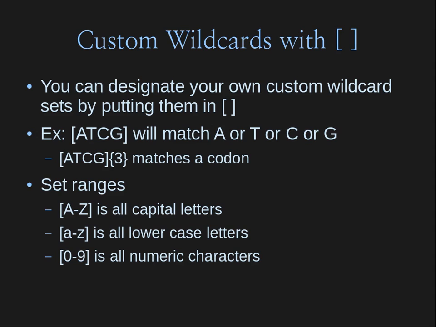So we can use a square bracket, and anything that we put in here will become a custom character set that then will return one of that. So for instance, what I have up here is ATCG. This is actually one that gets used a lot. This will match any A, any T, any C, or any G, and nothing else, and only in capitals. And this is case sensitive, by the way. Everything in regular expressions is case sensitive.